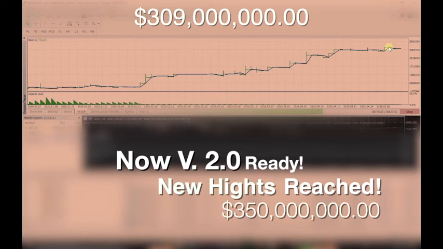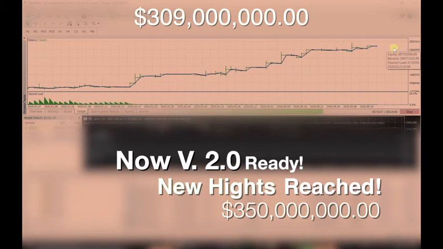If you're only dealing with PIPs, meaning you're dealing with 0.0000, the fourth decimal point, there is no way you can make trillions and billions of dollars.